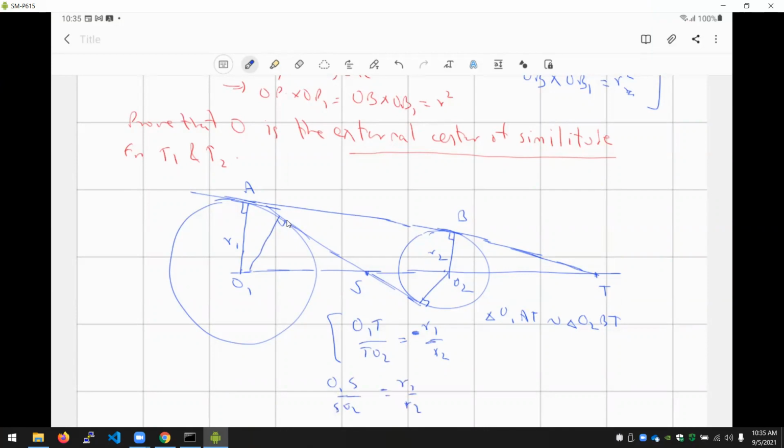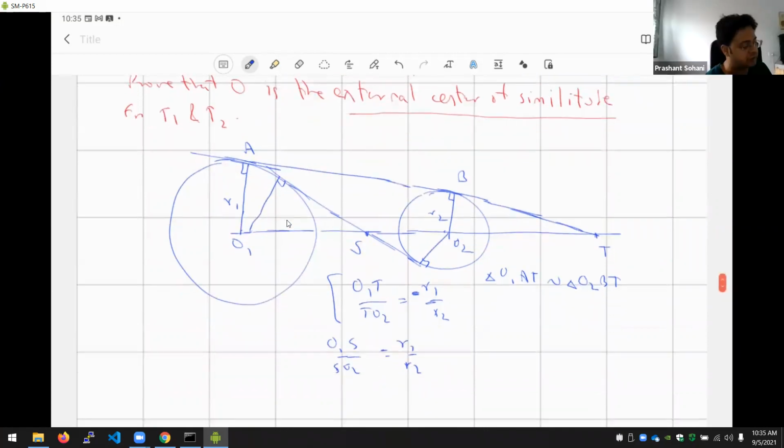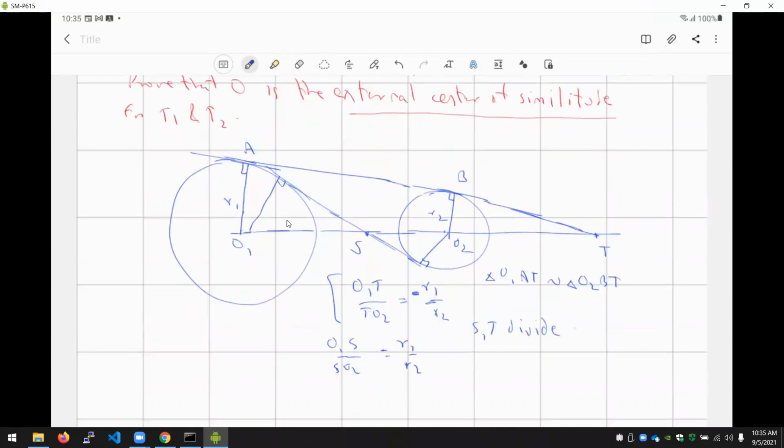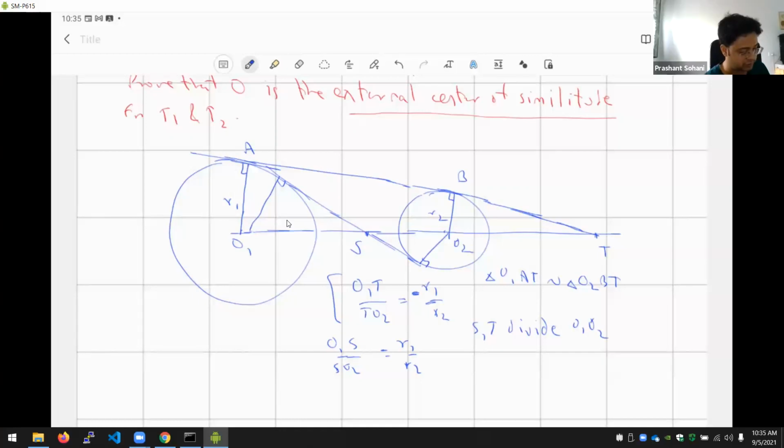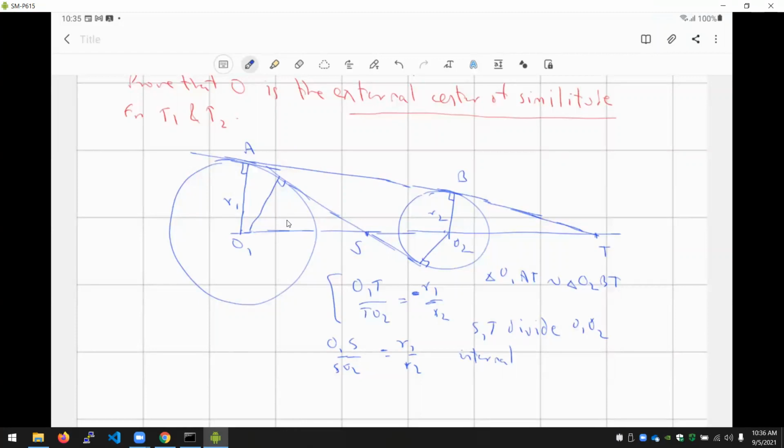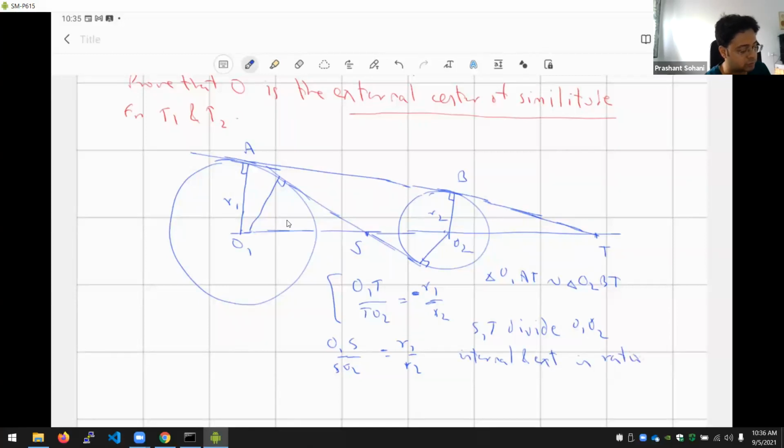Yes. Okay, so in other words, what are points S and T doing? O1, O2 and S, T are harmonic points. They are harmonic, correct, because S and T divide the segment O1O2 internally and externally in the same ratio, R1 is to R2.